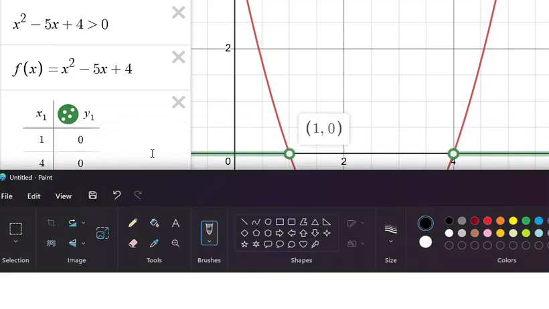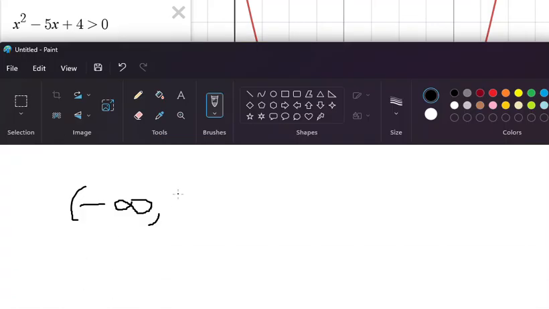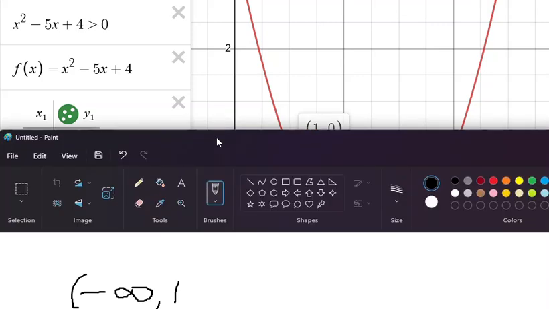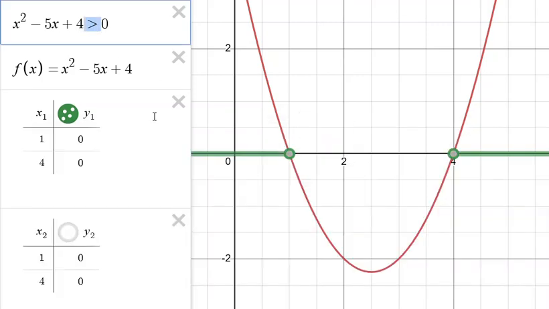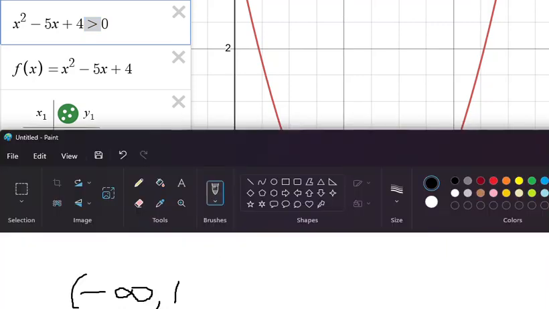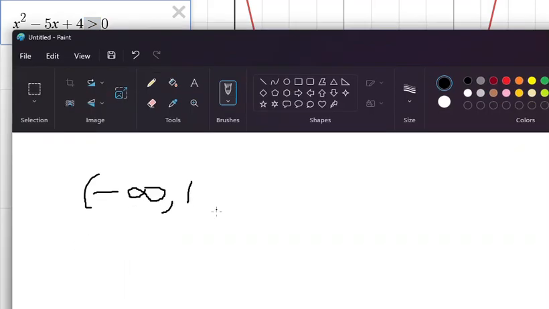And so I go up to 1, and does it include the 1? No, it doesn't include the 1 because, again, it is a strictly greater than inequality. So I'm going to have the rounded parenthesis, and then I'm going to write a union sign, and pick up at the next intercept, which was 4, then comma, positive infinity.